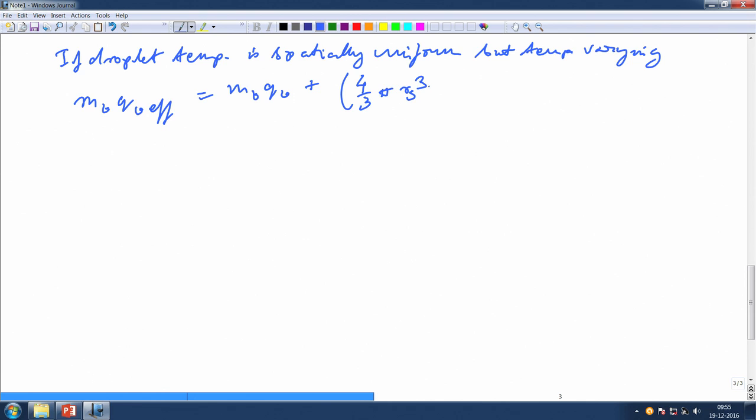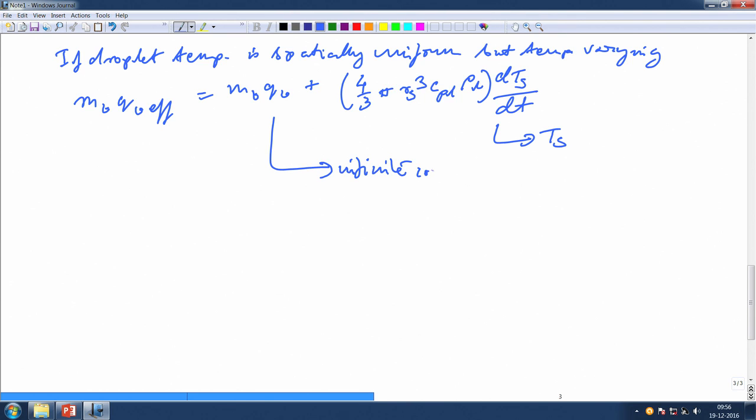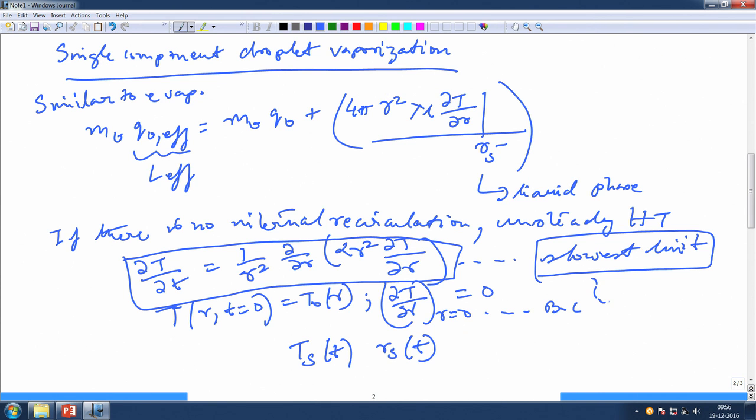This is Rs cube Cpl rho L into dTs by dt, right. This is frequently used for determining Ts, and this is roughly what we call the infinite conductivity model also. That means there is no temperature variation within the droplet. So, that is the diffusion limit, and this is the infinite conductivity counterpart of the same, right.